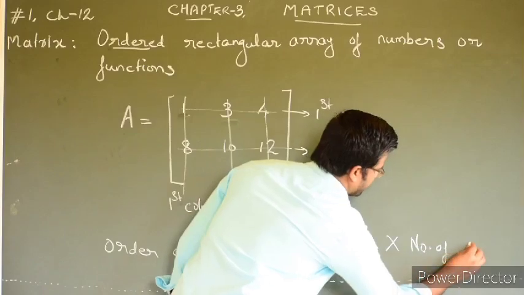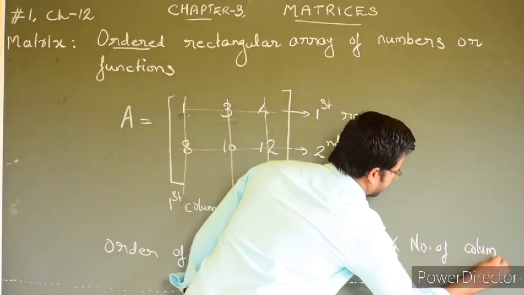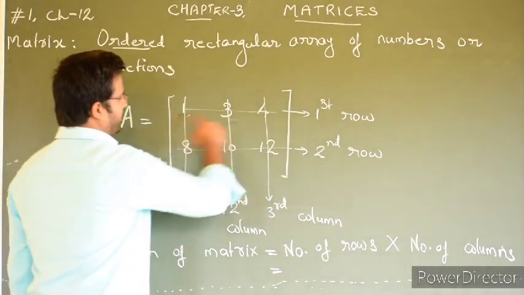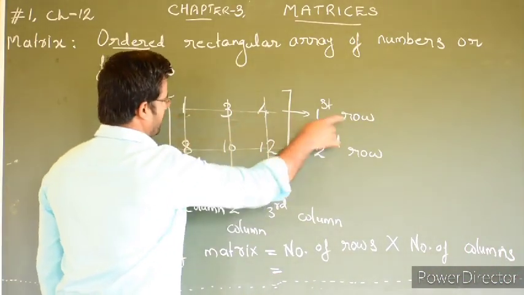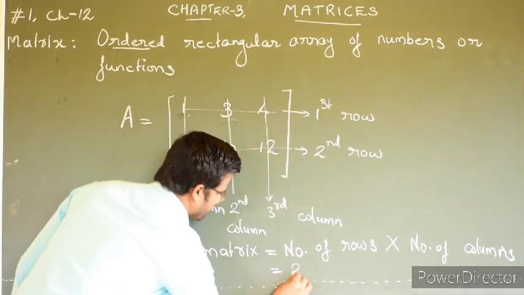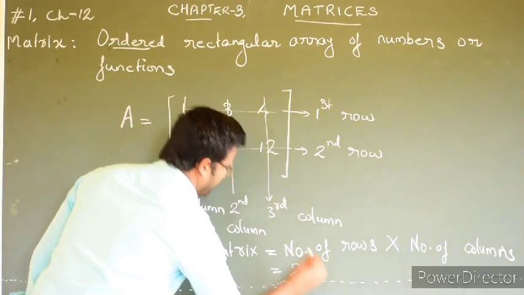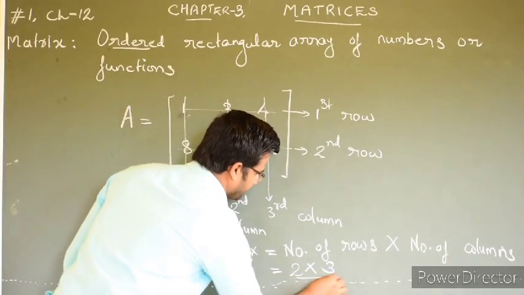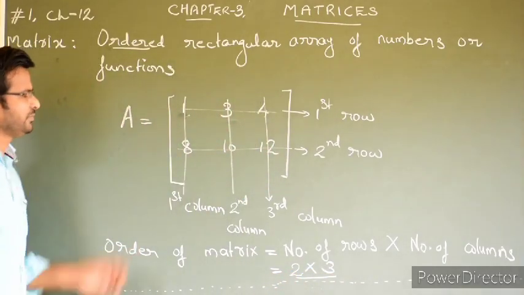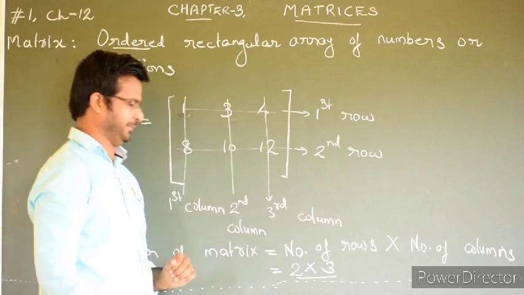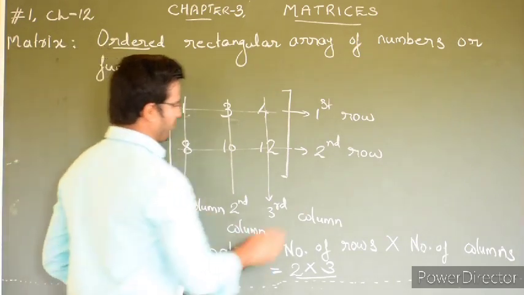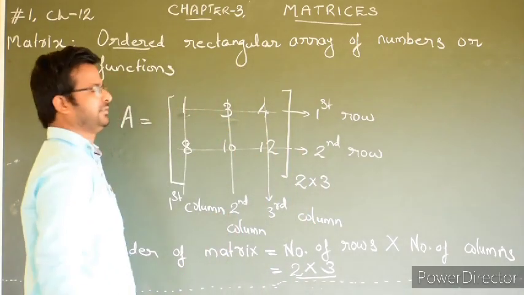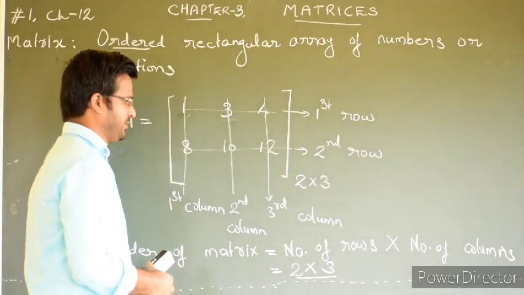This times symbol we will read as by. Here, the number of rows is 2, first row, second row, then by the number of columns, that is 3. That means the order of this matrix is 2 by 3. Commonly we write this 2 by 3 at the corner of the matrix. This is a 2 by 3 matrix.